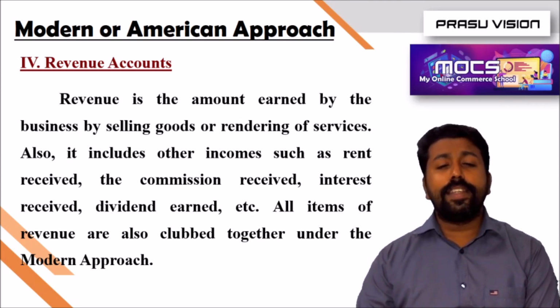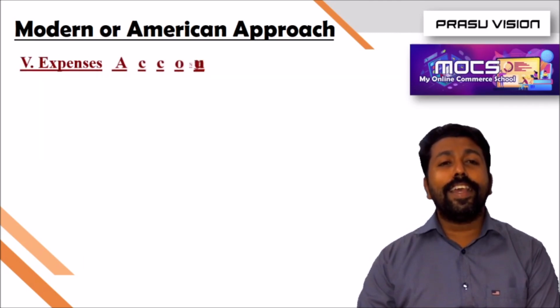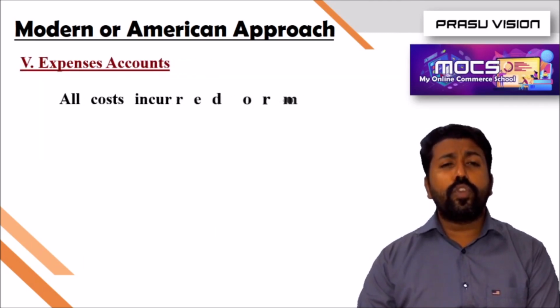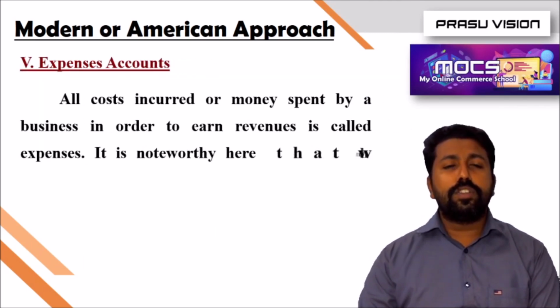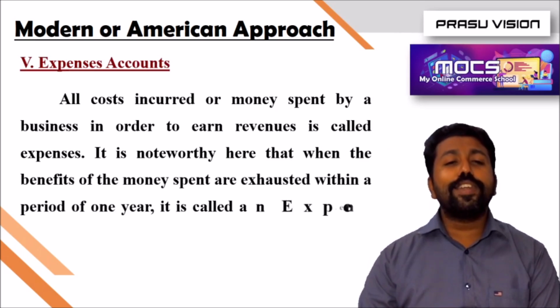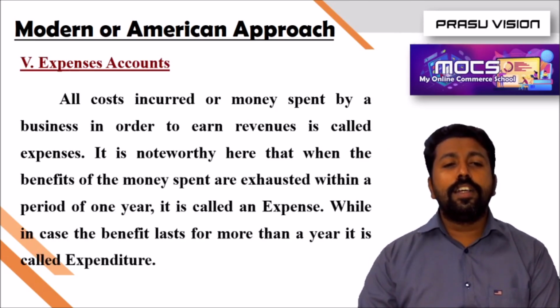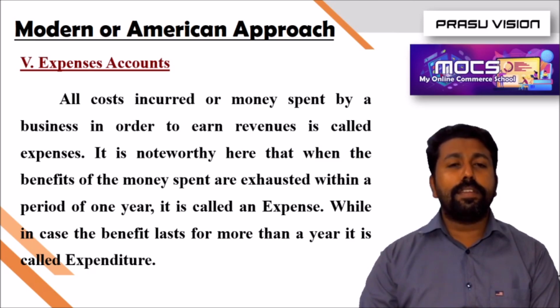A lot of incomes are there. And the last account is the expense account, which includes a lot of expenses related to the cost of production or distribution in the organization. You know very well, a lot of examples come in: carriage inward, carriage outward, purchases, wages, salary, rent paid, etc. A lot of examples are there for the expense account.